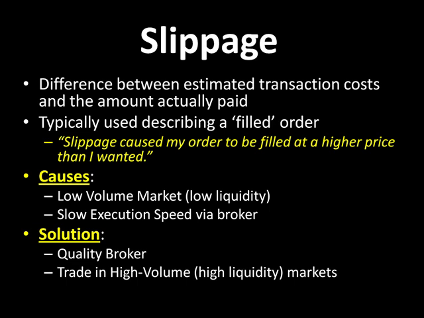So make sure that you're dealing with a quality broker. And of course, try to trade in high volume or high liquidity markets. Now, of course, every market has its periods of being low volume, where liquidity dries up late at night, over the lunch hour. So it's not so much avoiding low volume markets, more importantly, it's the times inside of those markets that have less liquidity than other times.